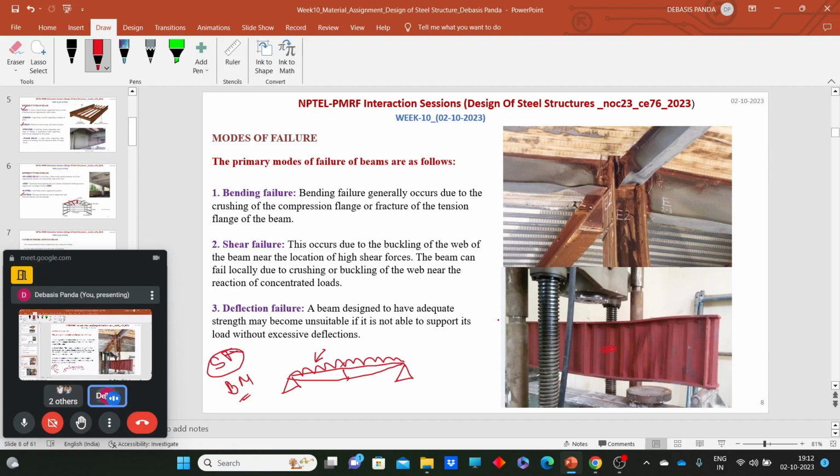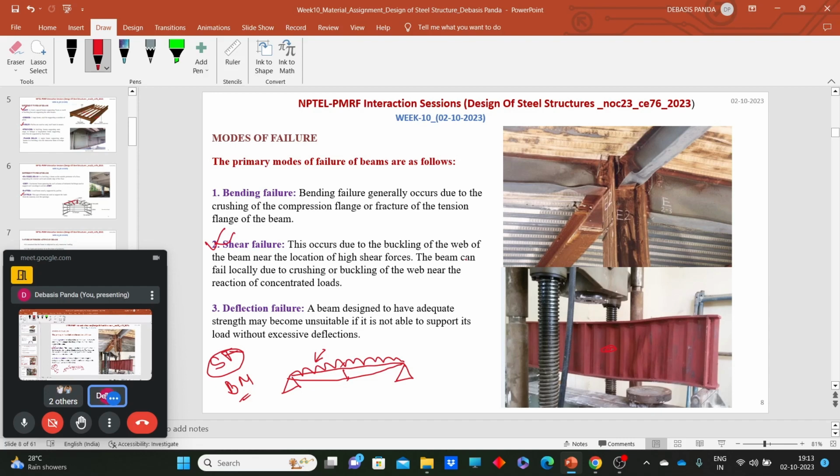If we summarize the primary modes of failure, they generally occur due to the application of the transverse load. Due to the application of transverse load, two phenomena occur: bending moment and shear force are generated. Due to bending moment, the beam will undergo bending, so we need to check for deflection and for bending stresses, and also we need to look at the shear.